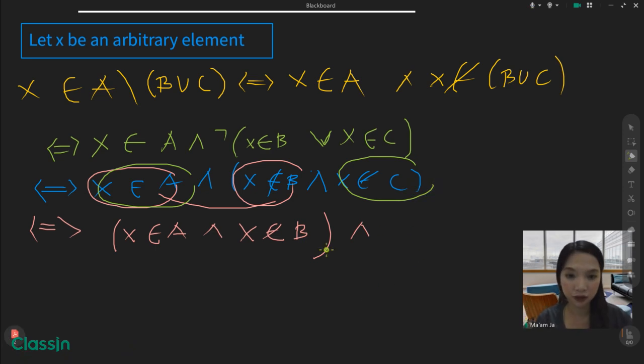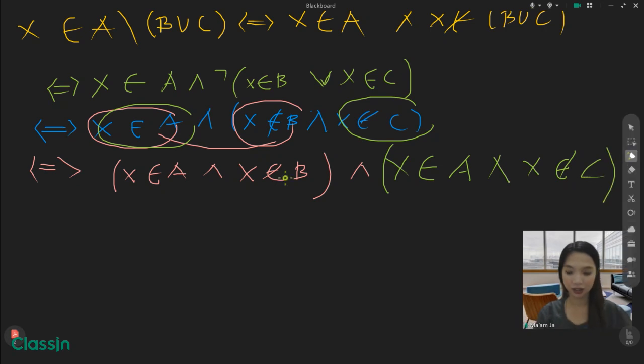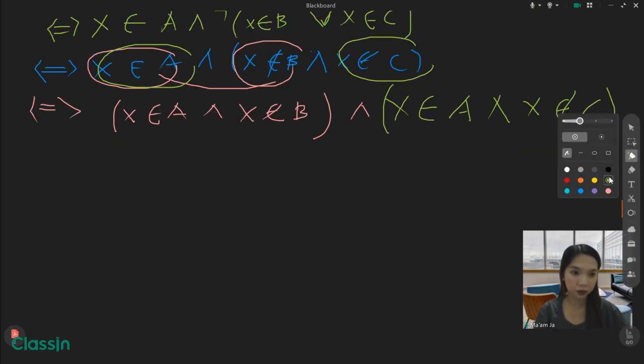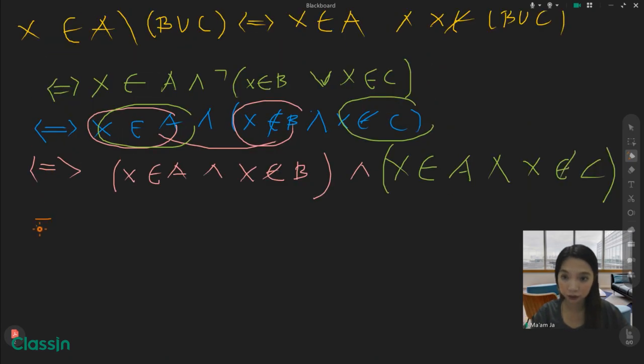So we have x is an element of A and x is not an element of C. Now let's simplify that. Same as this thing, same with this.